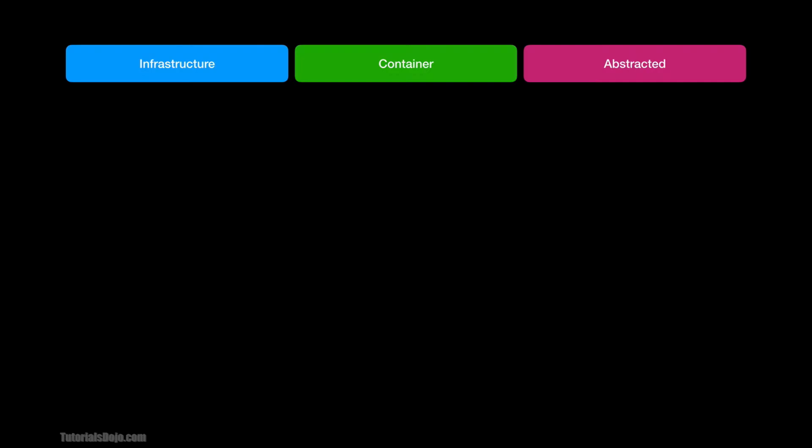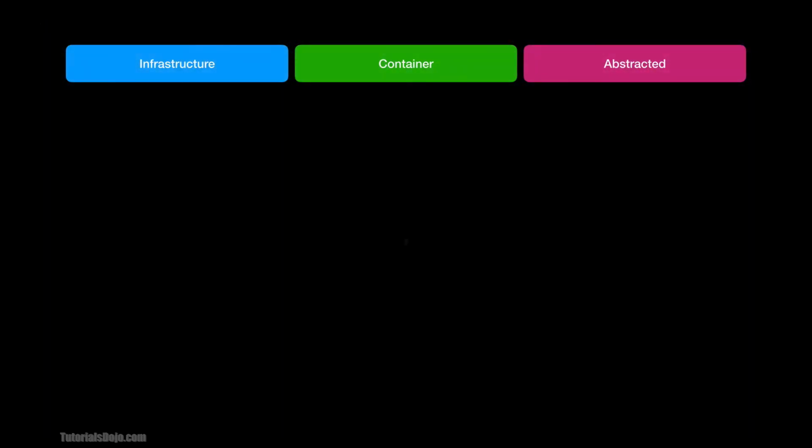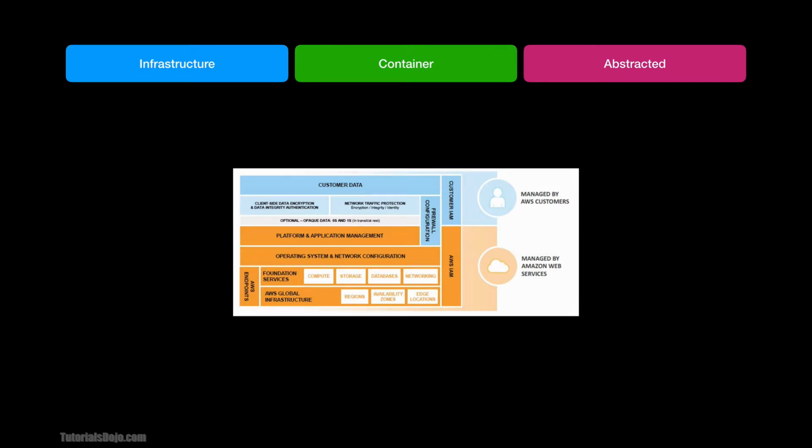For infrastructure services, you are responsible for the operating system, server-side encryption, firewall configuration, and many others, while AWS is responsible for the foundation services such as compute capacity, storage, and database. For container services, AWS takes care of the operating system of the underlying server for you, including the application management, platform management, and the usual foundation services layers that it handles.